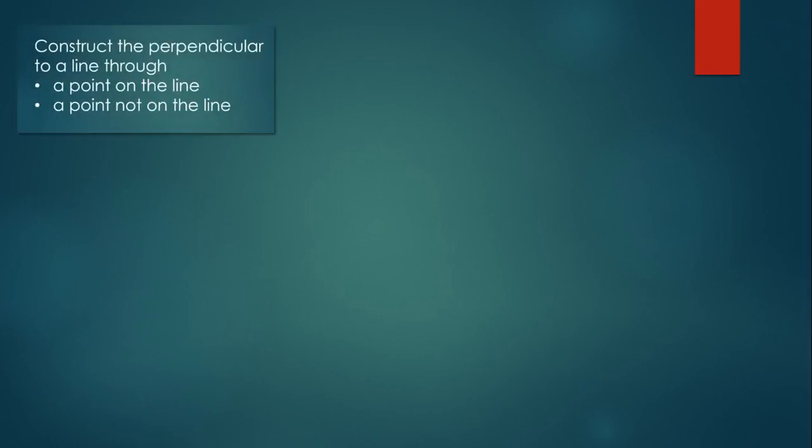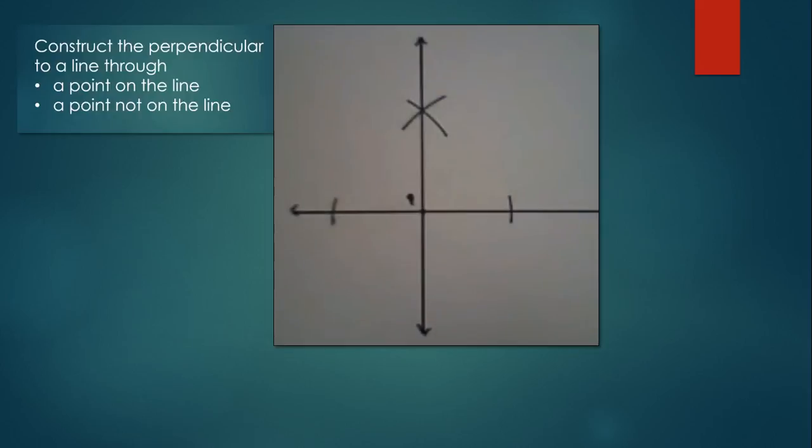Our next construction was to construct perpendiculars to a line through either a point on the line or a point not on the line. This was the construction of a perpendicular to a line through a point on the line. And our first step in the construction was to put the point of the compass on point P and then draw the two arcs on the line.